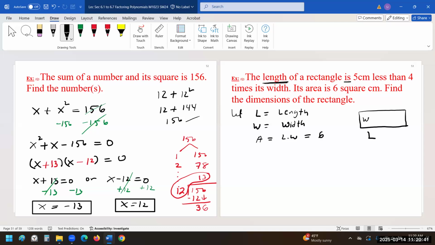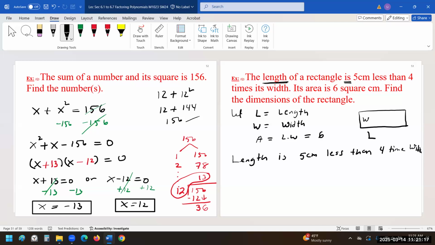Length is 5 centimeter less than 4 times width. Our goal is to write this sentence into mathematical expression.